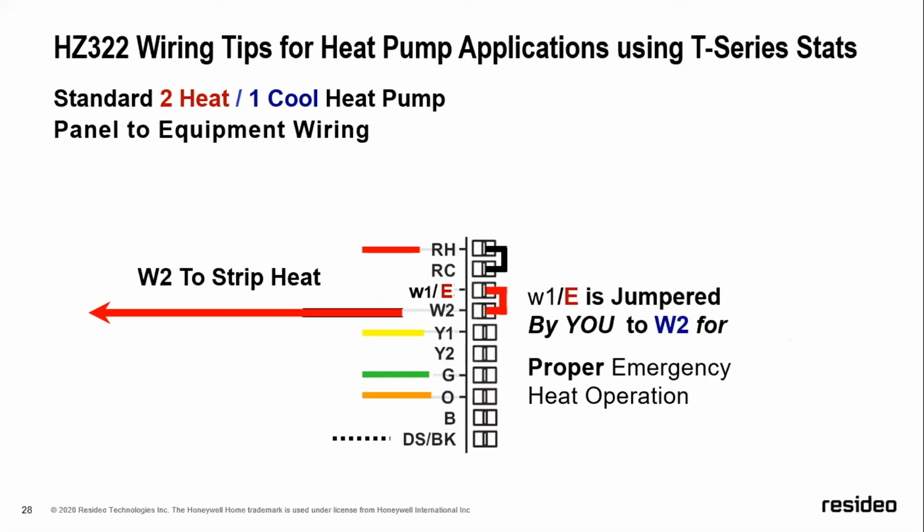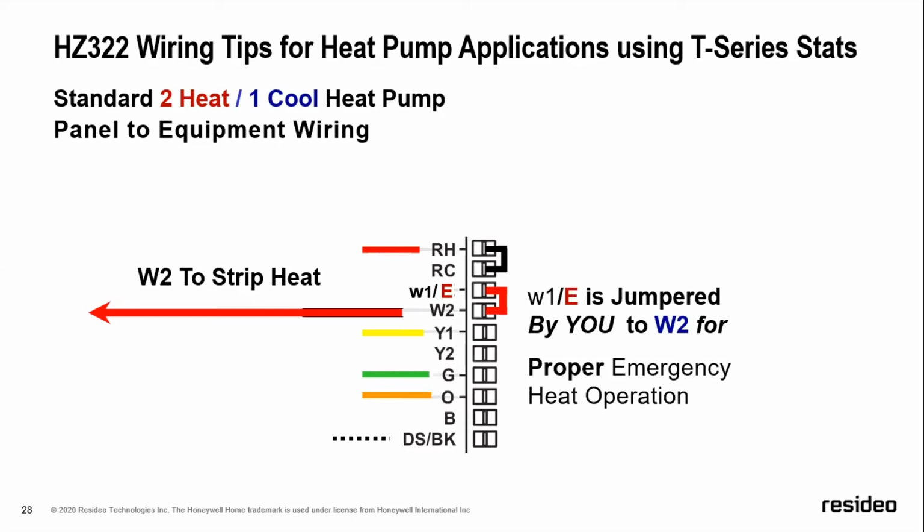Now, by putting that critical jumper, and this is installed by you in the field from the W1E to the W2 on the output of the zoning board, that's the second portion of crossing the T and dotting the I to get a good operation from the zoning system in a heat pump application.